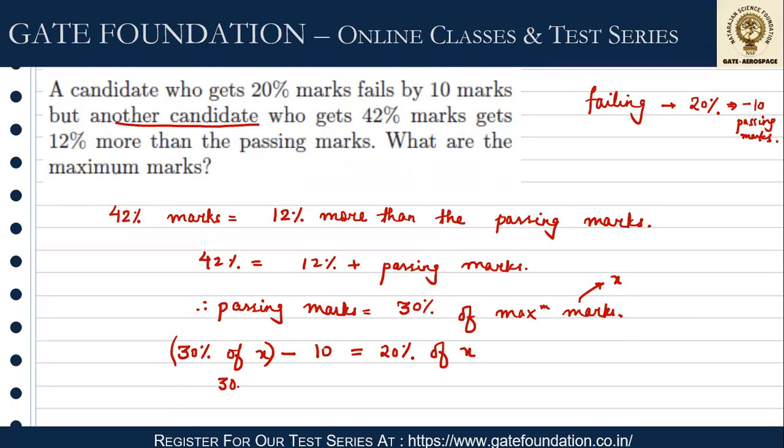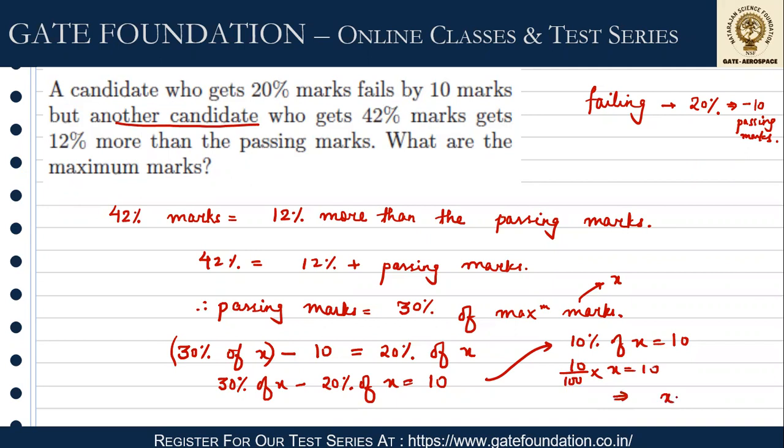So 30% of x minus 20% of x. This 10 goes on that side, so I'll get 10 over. Or simply, 10% of x is 10, or 10 by 100 into x is 10.